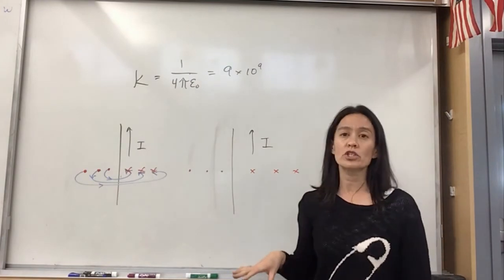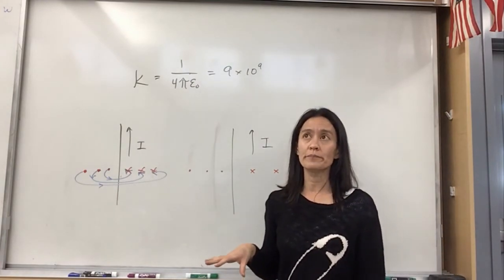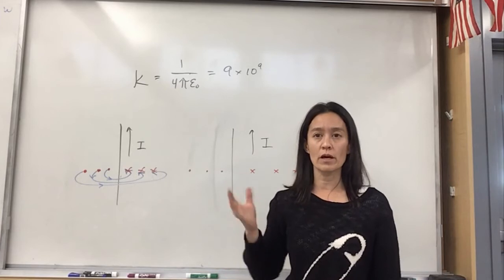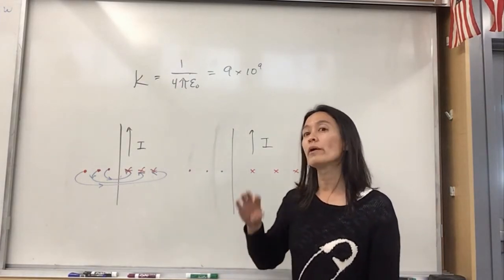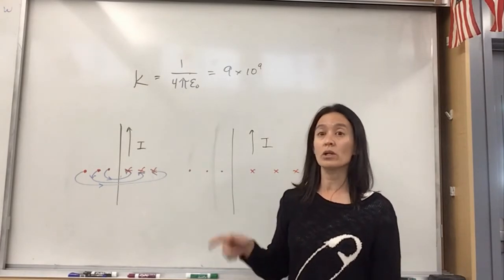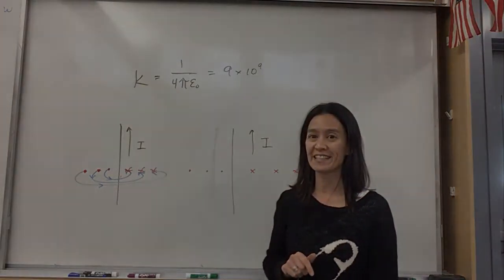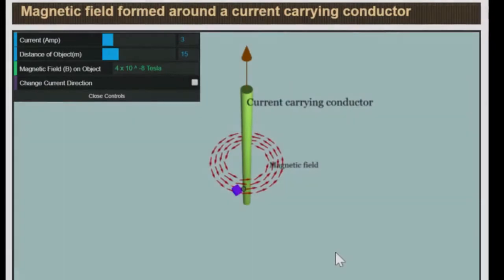So the video is going to shift now to show you a computer model of the magnetic field around a wire and then also around a loop of wire. This model, a simulation, is showing how the magnetic field looks around a wire that is carrying electrons.